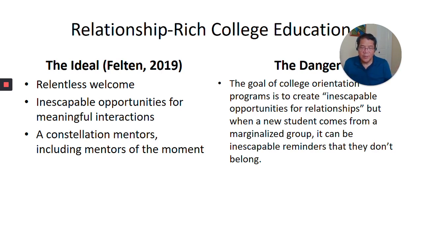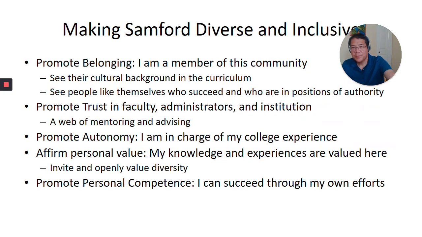But if a student does not have a sense of belonging, then that relentless welcome and those inescapable opportunities for meaningful interactions are just a constant reminder that they don't belong here, that they are not part of this community. And that's part of what Denise talked about, microaggressions and this loss of a sense of belongingness that the Black at Samford Instagram group is talking about.